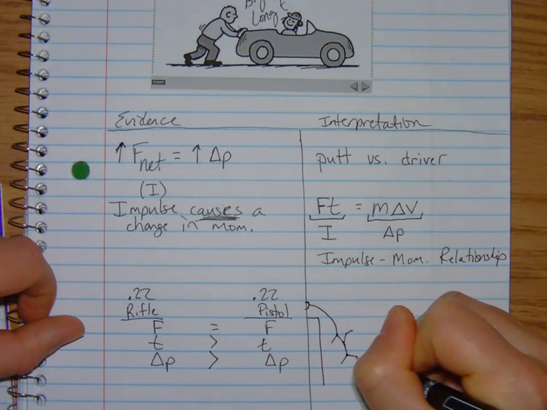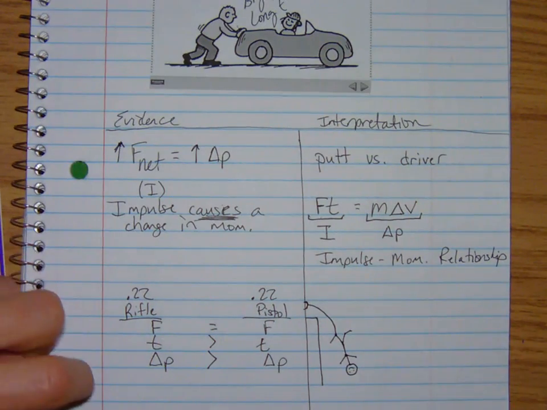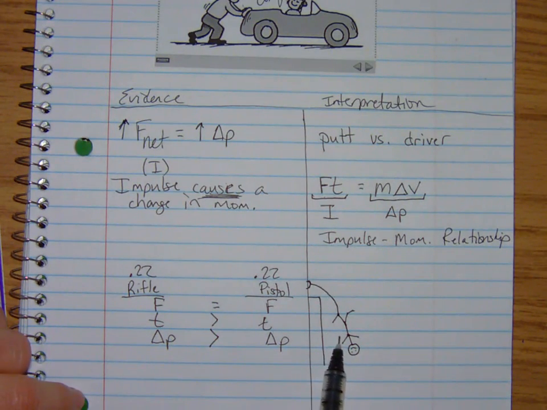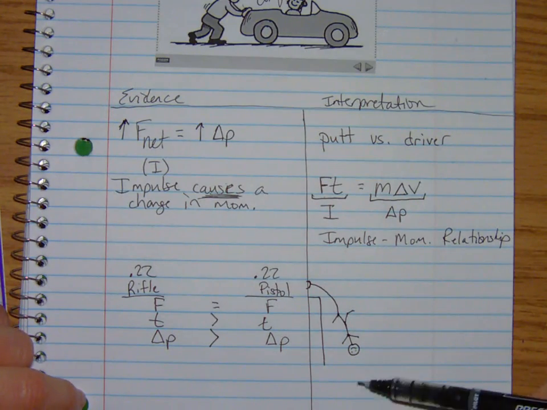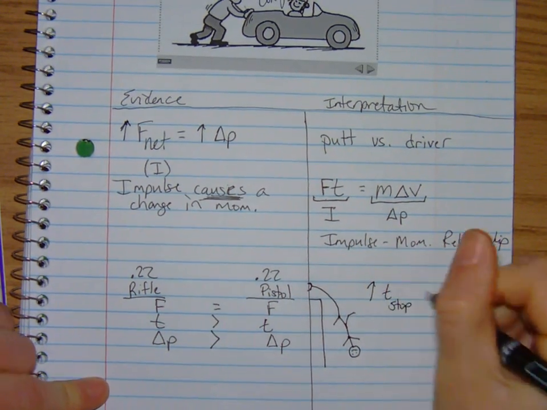Do not ever let a person hook a cord to your feet if you're bungee jumping. But we know that bungee straps have some give to them, right? So when this person reaches the end of this line, it's not just going to stop immediately. It's going to stretch, and it's going to increase their time to stop.